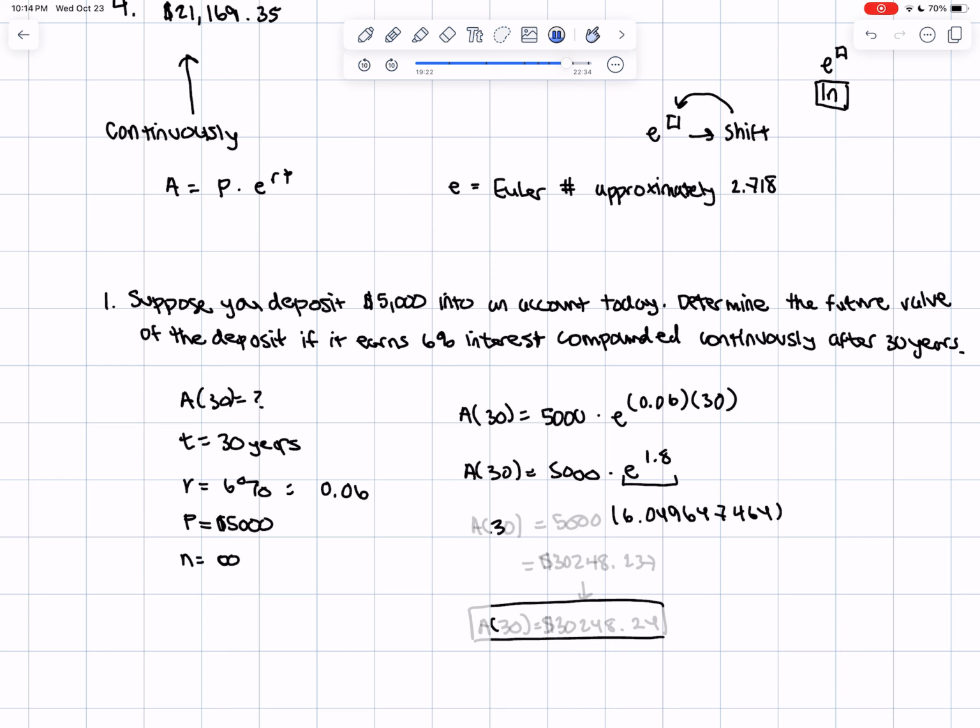Now we multiply that by our initial deposit. And what do we get? I get $30,248.237. I'm going to round it up because it's a 7. And that is our answer.